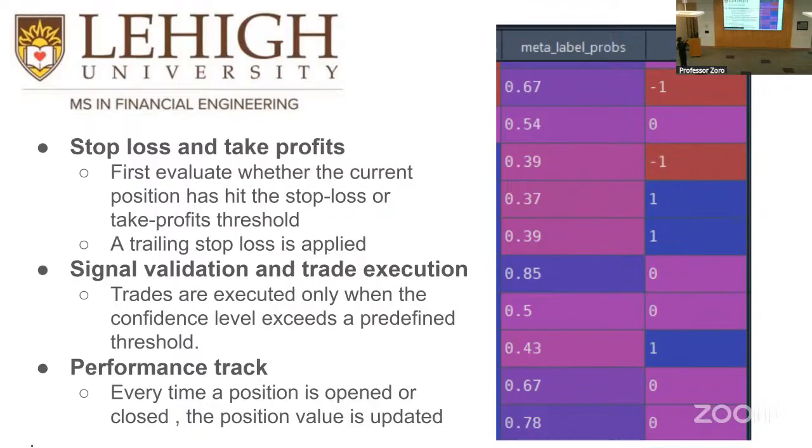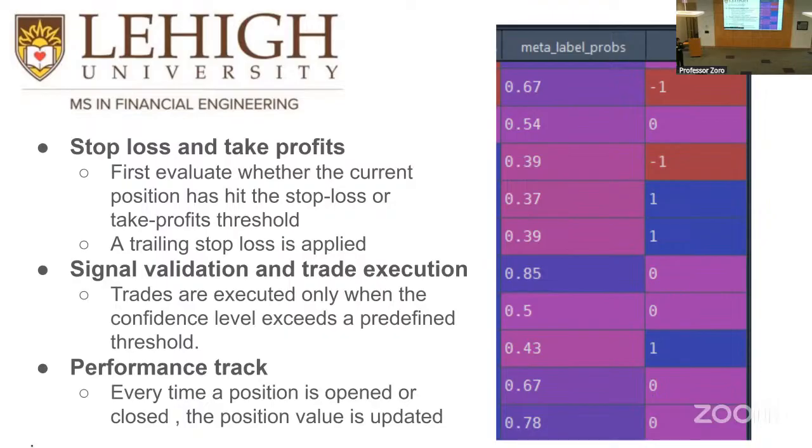But the next three trading signals have a reliability score of less than 0.4, so probably we won't trade on these signals. And when we open a position, we make the position size equal to the probability score. Every time a position is opened or closed, we track the performance, and finally we get an equity curve.